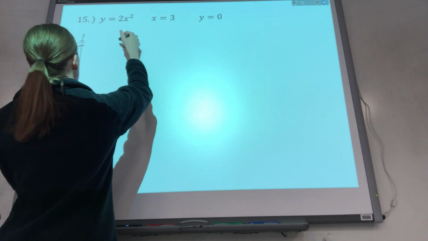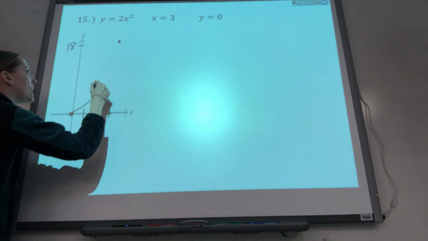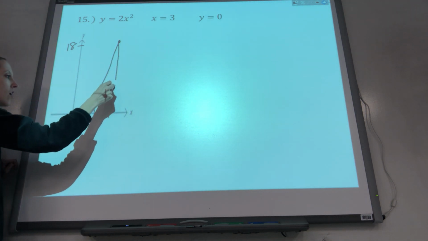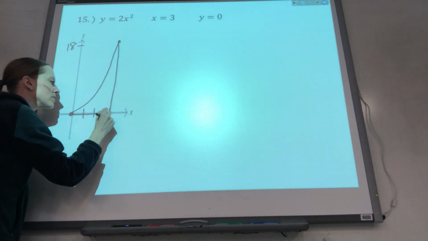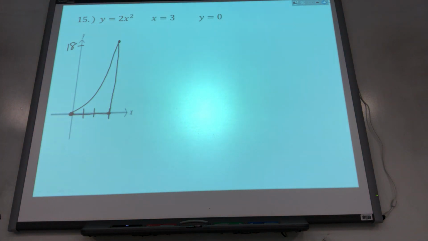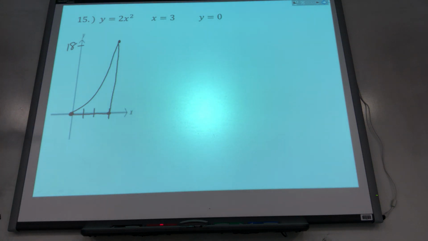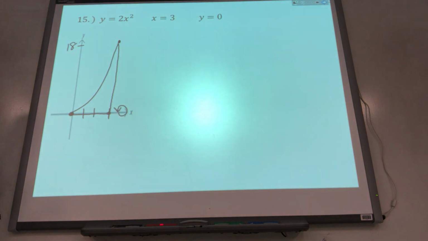At 3, my parabola is all the way up at 18. So I'm just going to fib a little bit on my y-axis. Y equals 0 is another function. So this is the graph that I'm working with, and I'm going around the x-axis.